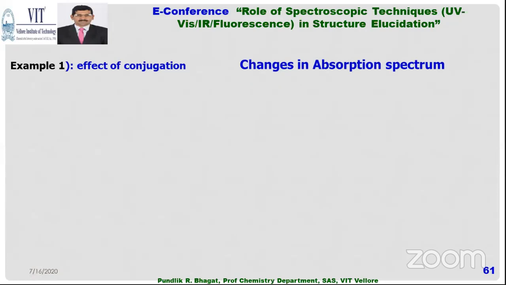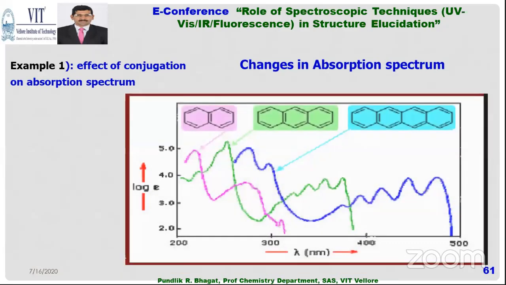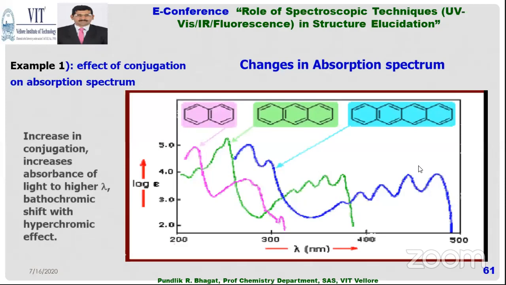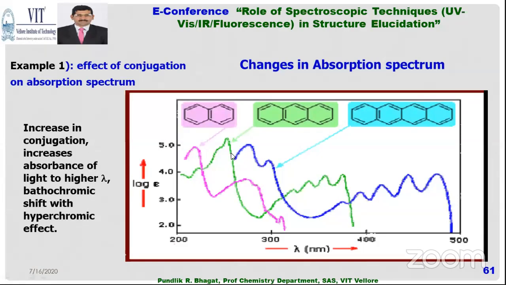Another term which plays a big role in UV visible is shown here: what is the effect of conjugation? See here naphthalene, and here one more ring has been added, that is anthracene, and one more ring has been added. You will find that the intensity of the light absorbed is increasing continuously. See the blue color, the spectrum is shown, with a lot of ups and downs, whereas in naphthalene there is very small absorption.